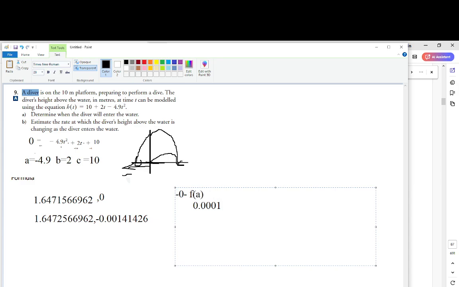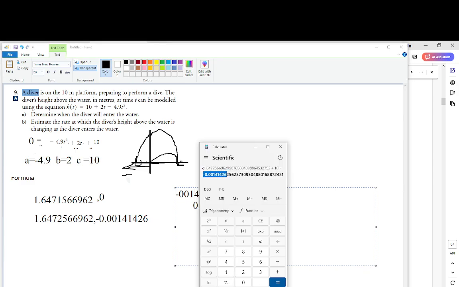Negative 0.00141426. My f of a was minus 0, so I get that. And then divided by h. Well, this is the same as moving the decimal 4 places. So again, let me just check what that came out to.